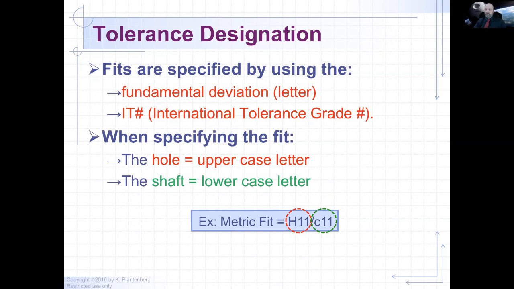The red circle corresponds to the hole, which is the uppercase, and the shaft is circled with green, and that's the lowercase. So the fundamental deviation of the shaft is the little c, and the IT number for the shaft is 11. From those numbers, the machinist can actually make the part and know what the tolerances are.